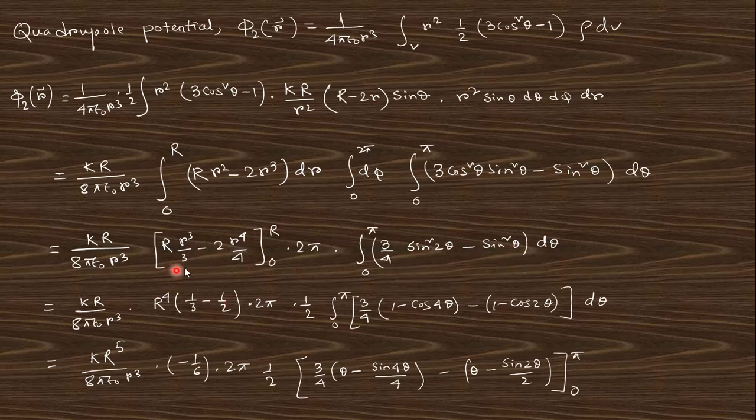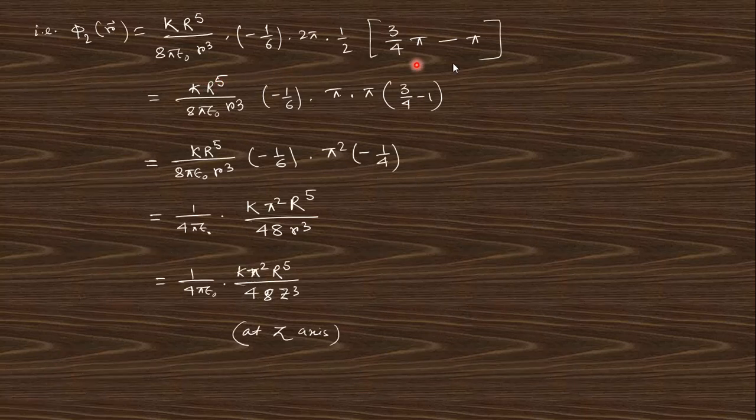If you put this value of r to φ, this integration can be written as 2 sin²θ, that's why we have taken a half, is 1 minus cos 2θ, so this gives you 4θ, and you will get this expression, and if you put the value, finally you get that expression with r. If you take it at z distance, this r can be written as z. I think you can do this calculation. If there is any problem, you must comment in the comment box.